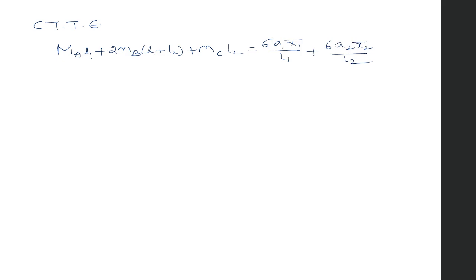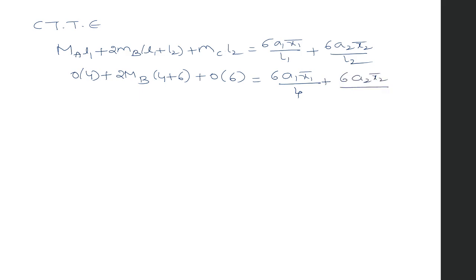Due to simply supported ends, MA will be 0 and MC is also 0. L1 is 4 meters, L2 is 6 meters, so 2 MB into 10 equals 6 A1 x1 bar by 4 plus 6 A2 x2 bar by 6.